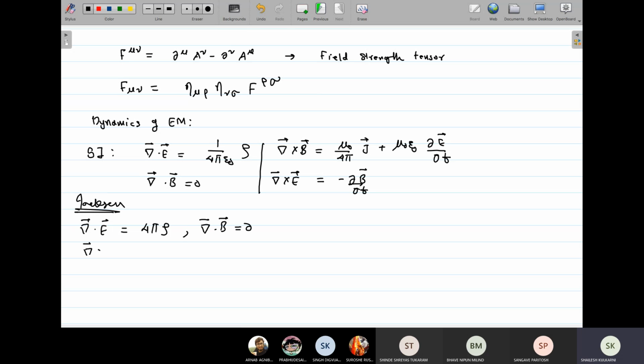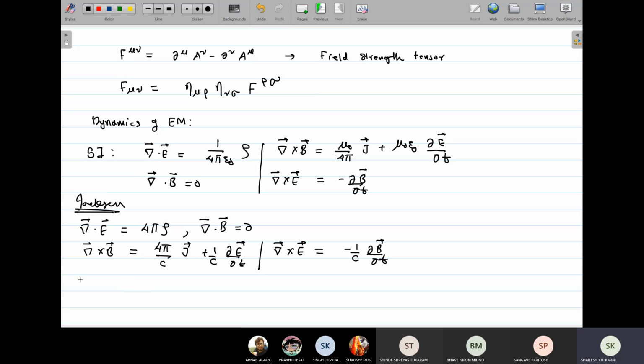Then del cross B is equal to 4 pi by C J plus 1 over C del E by del T, and del cross E equal to minus 1 over C del B by del T. So these are your Maxwell's equations.